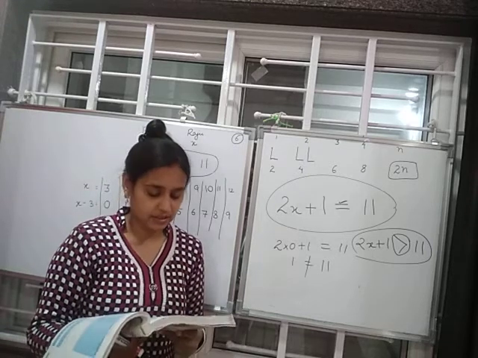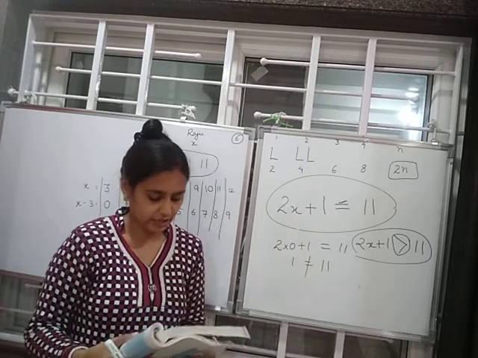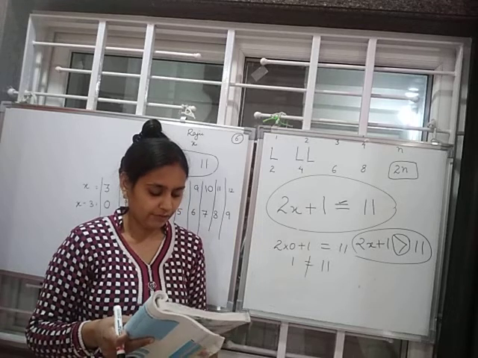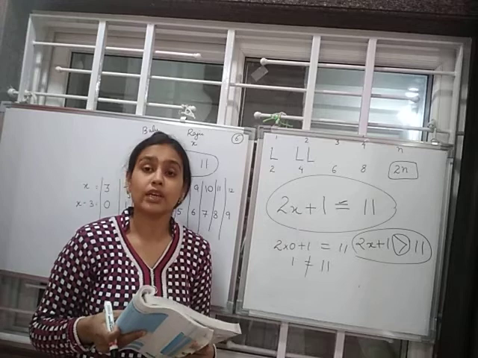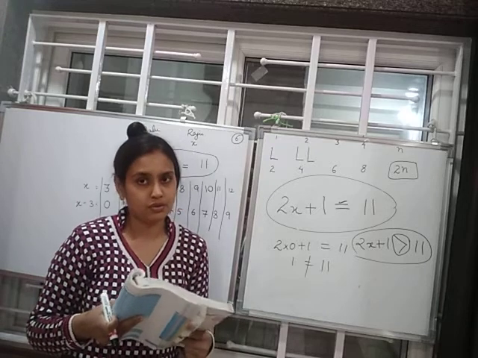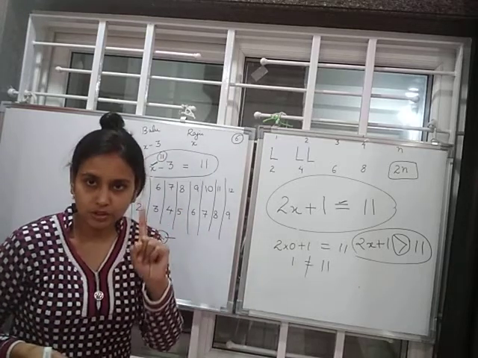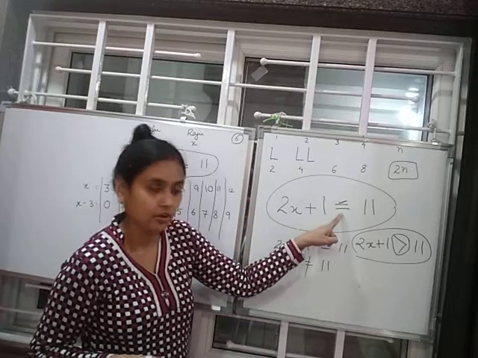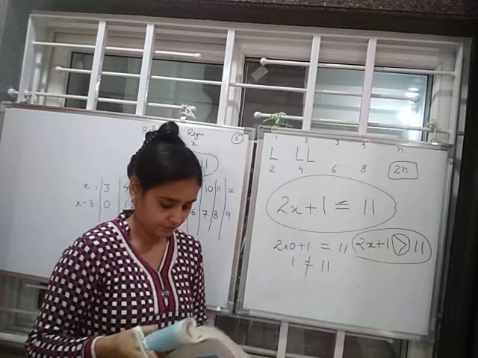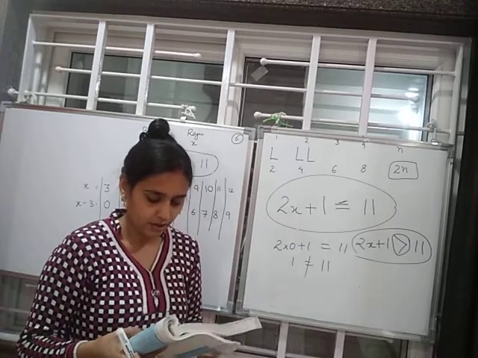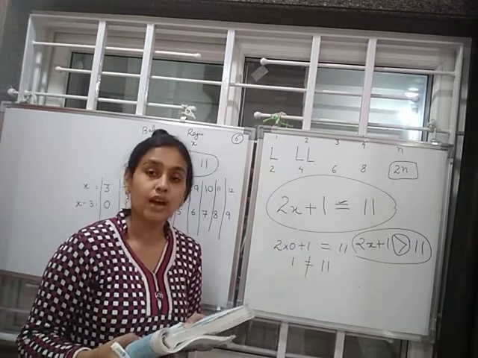After this is exercise 11.5, so we'll start that now. We have to state the following. Which of the following are equations with variables? That means they should be equations, they should have an equal to sign and they should have variables. Give reason for your answer.